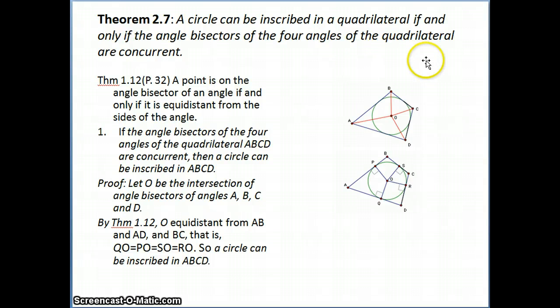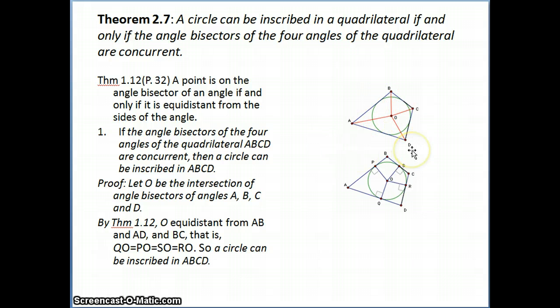We talked about in section 2.1 that a quadrilateral can be inscribed in a circle if and only if a pair of opposite angles add up to 180 degrees. Then this quadrilateral can be inscribed in a circle. But here we want to talk about the circle being inscribed in the quadrilateral.